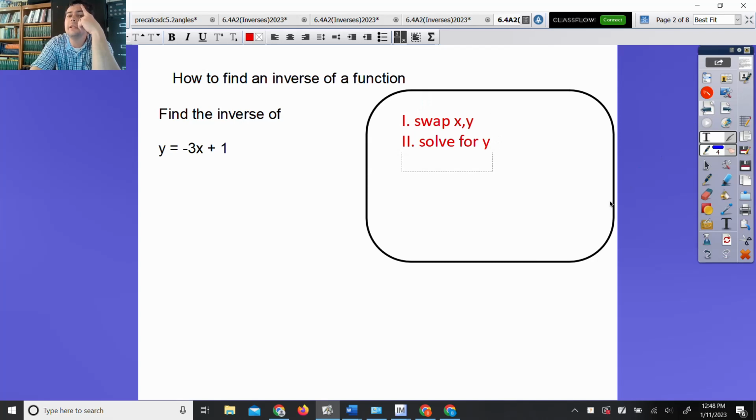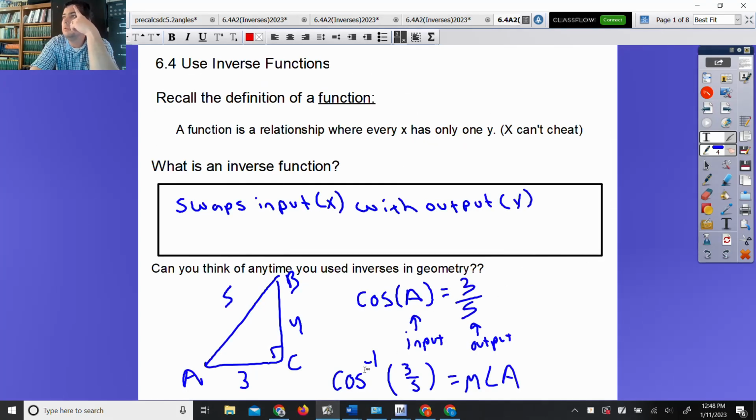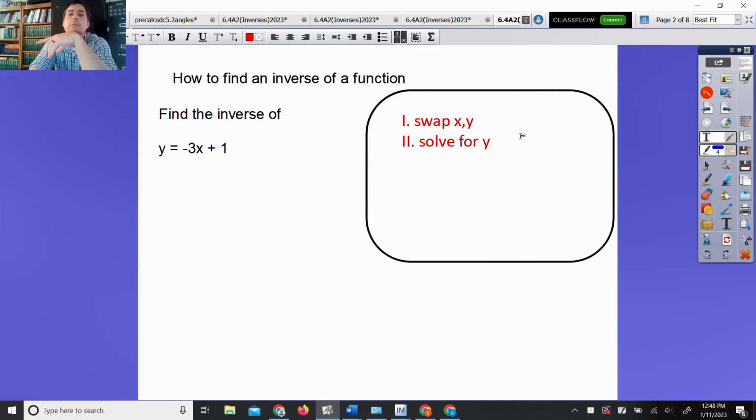Glance back to what you did last year. It wasn't cosine anymore, was it? It was inverse cosine as it was pronounced to you last year. Notice that little -1? Now, y is kind of a dumbed down version of f of x. So when everything's said and done, you replace y with f raised to the -1st of x.